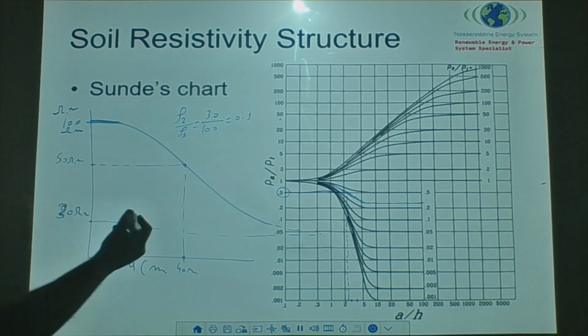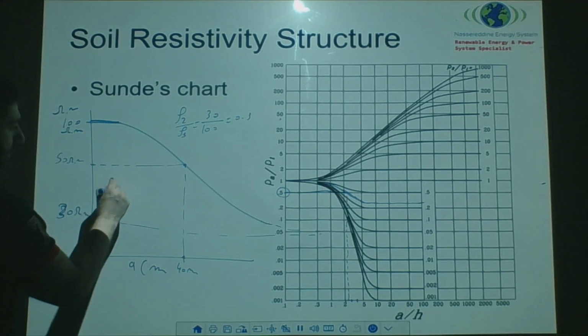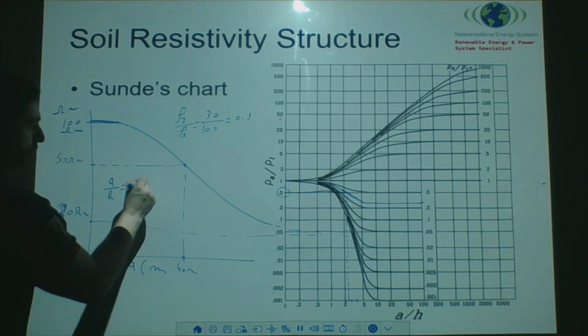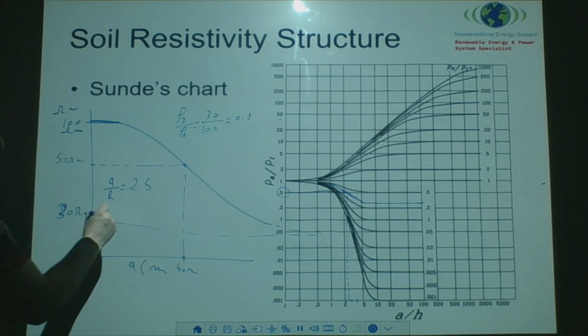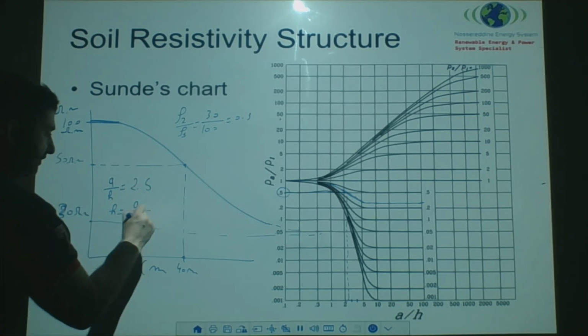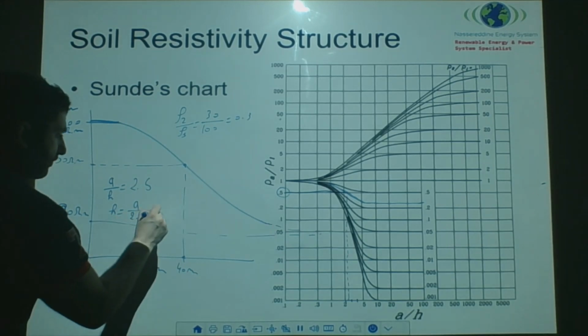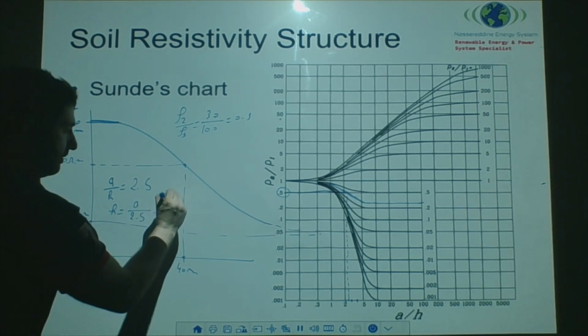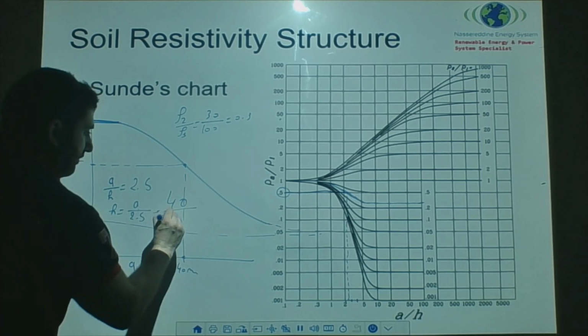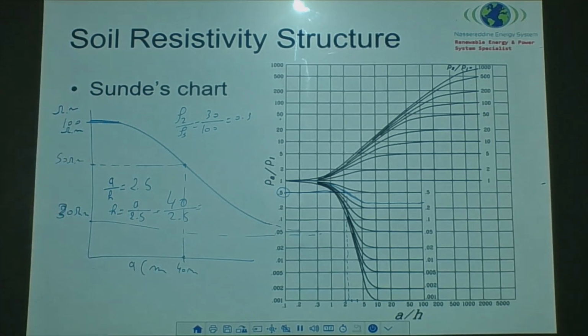So if it's 2.5, that means I have A over H equal to 2.5. So H is equal to A divided by 2.5, 40 divided by 2.5. That's what will be H. So now I have two soil resistivities.